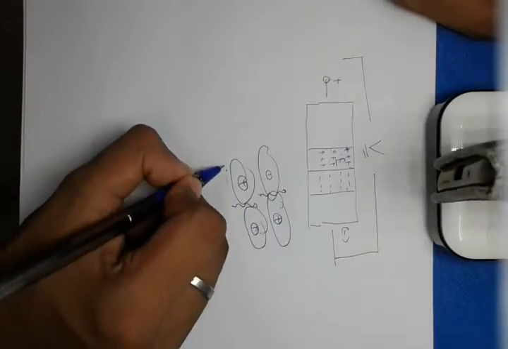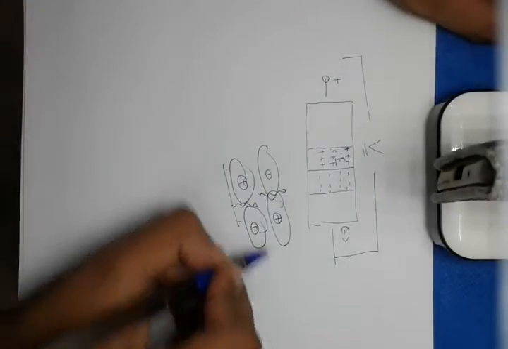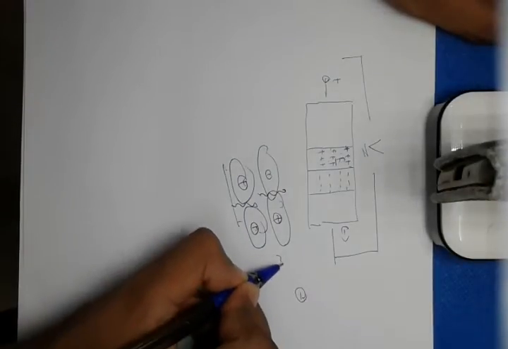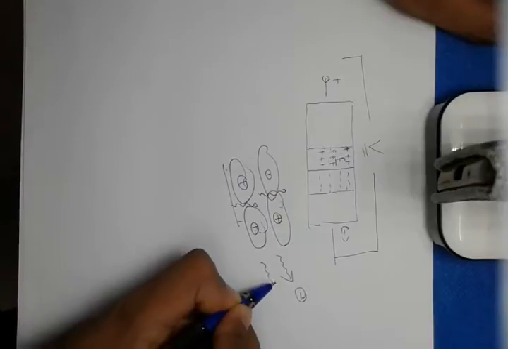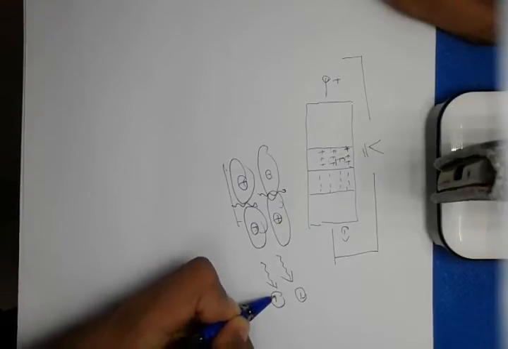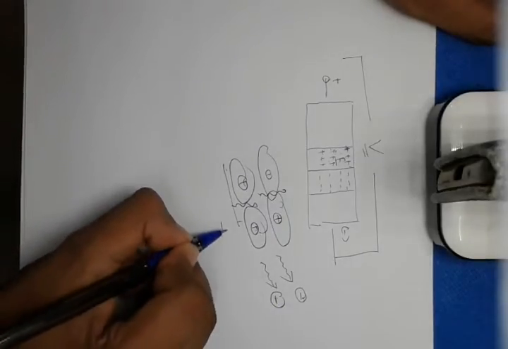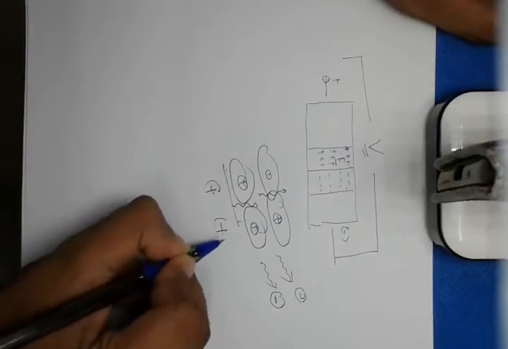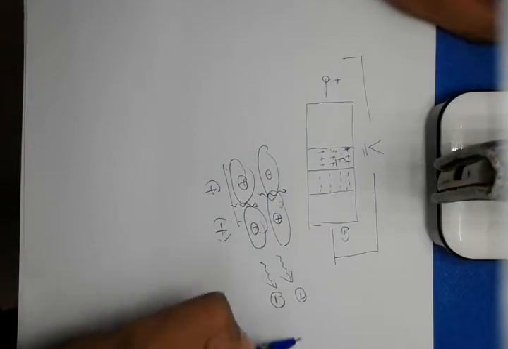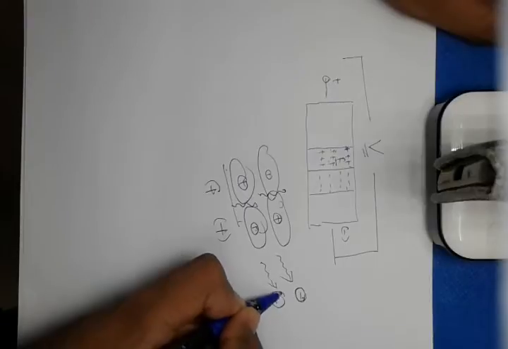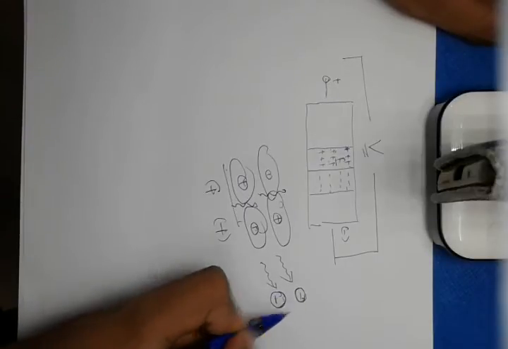Then a huge amount of electrons is released, along with a lot of ions, and those electrons cause a huge flow of current.